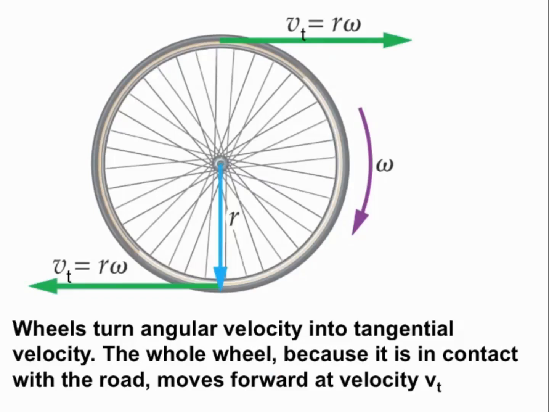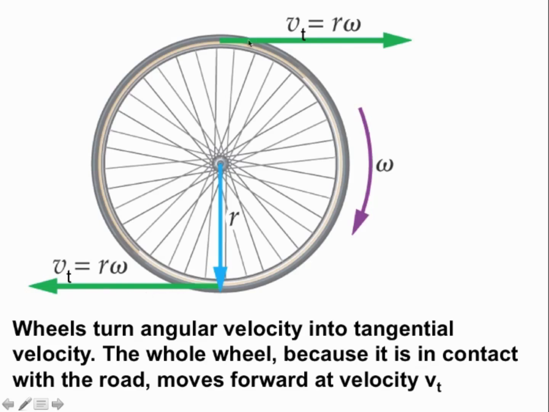All right, so wheels turn angular velocity into tangential velocity. The whole wheel, because it is in contact with the road, moves forward at velocity v_t. So if my omega shows that I'm going around and around, and I've got a radius r, already proven that v_t equals r omega, and so we can see at the bottom of the circle, the v_t is going backwards.